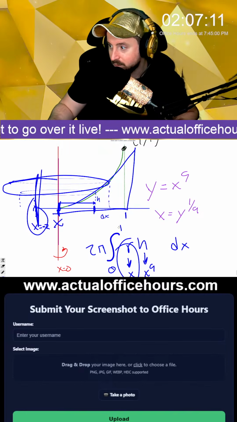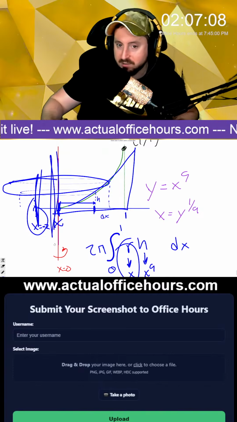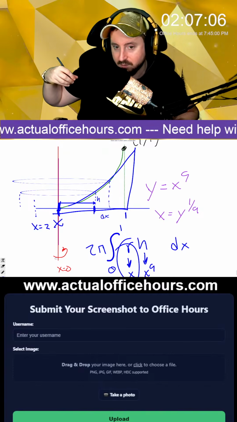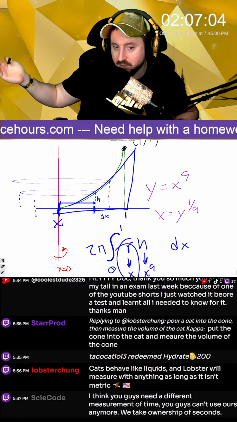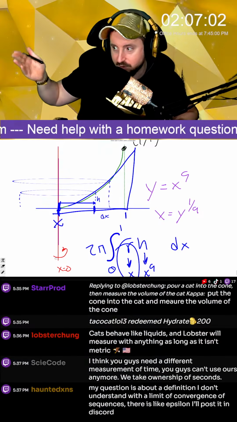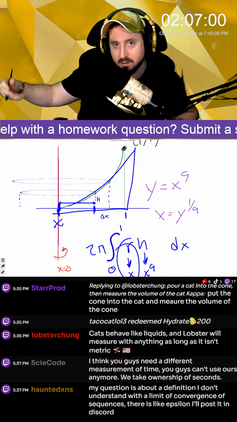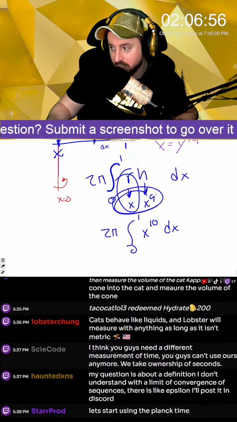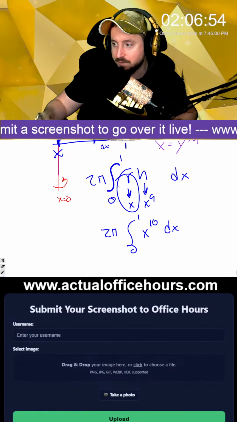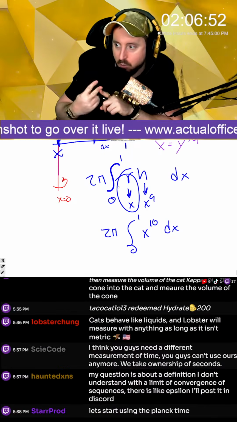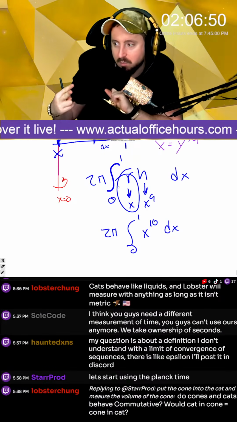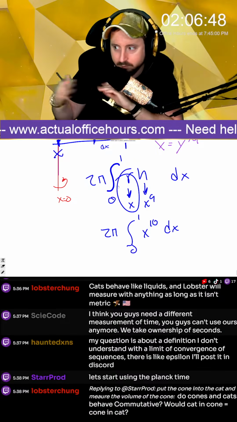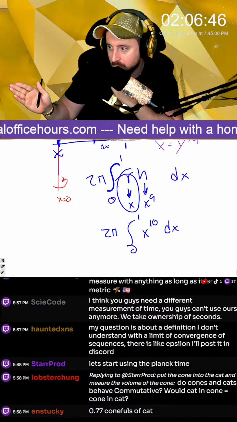Because x measures the distance from the y-axis, and if your axis of rotation is off the y-axis, then there's an offset you need to add. Okay, so that's when this would become ugly. This is nice: if your axis of rotation is the x-axis or the y-axis, then for the shell method, r will either be x or y. Pretty easy.